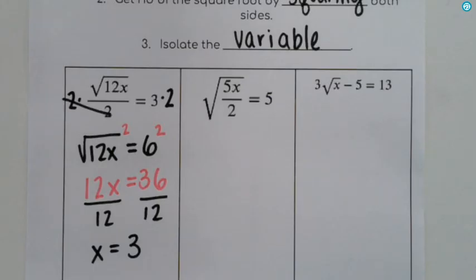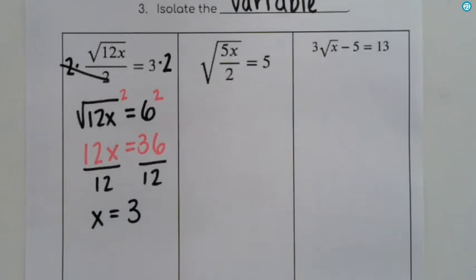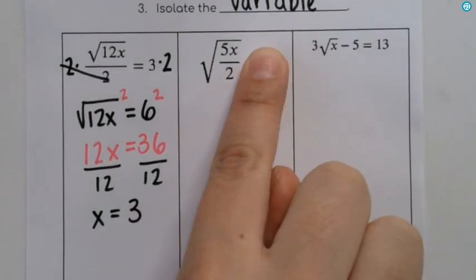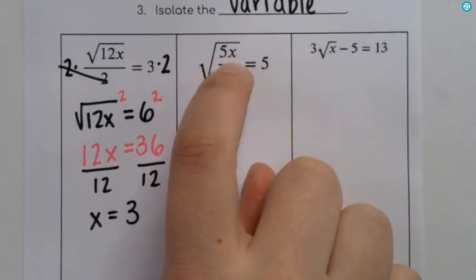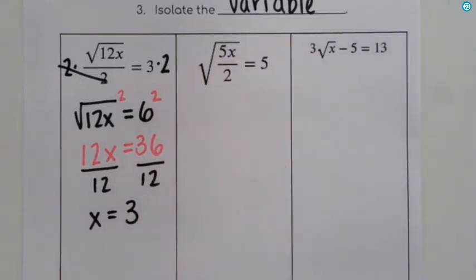All right, any questions right now? All right, let's move on to that next one then. What is outside of that square root? Nothing. So see how it's tall and that divided by 2 is inside of it? That means we can't touch that divided by 2 yet. We can't touch anything inside the square root until we get rid of the square root.